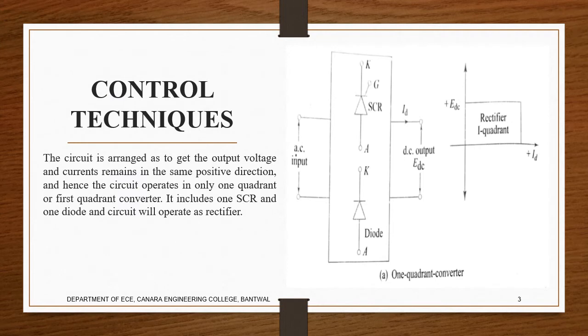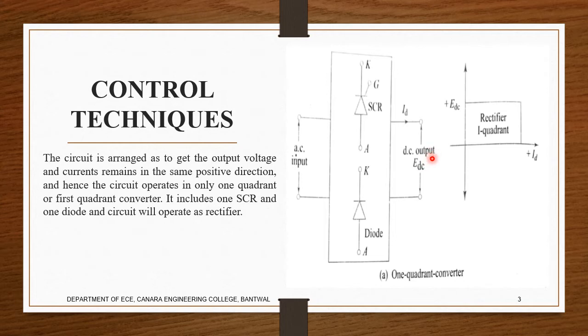Before getting into the phase control converter, we need to know how we are controlling the phase here. If your SCR has been arranged this way and we give an AC input to it, we definitely get a DC output.